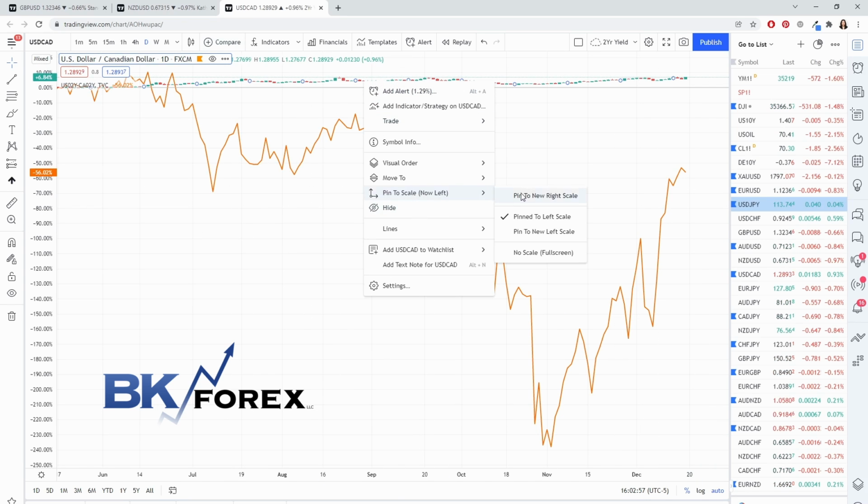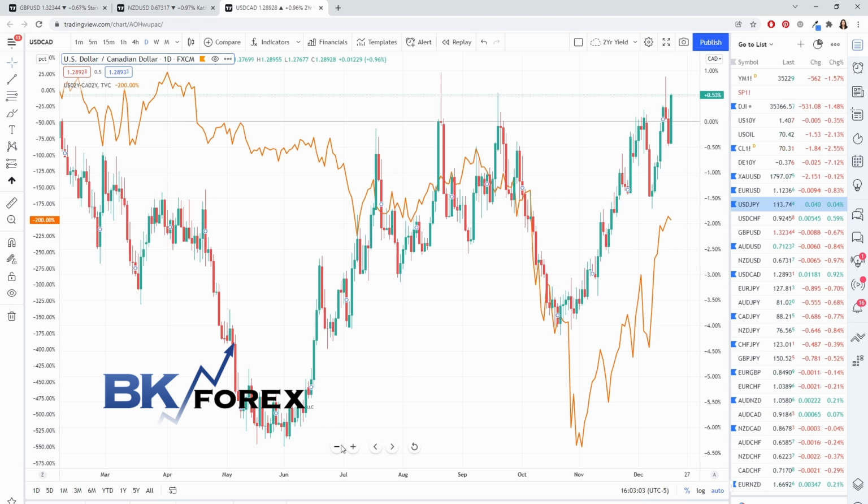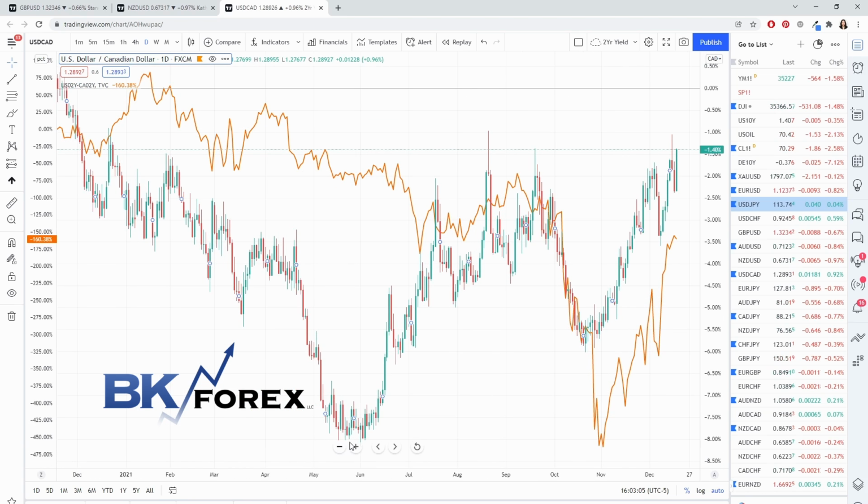We right click on it, pin it to the right scale. And you can see that the dollar CAD and the US Canadian yield spread also works very, very well as a predictor. So here it suggests that the yield spread is starting to tick lower, which may suggest that while we had a very strong move in dollar CAD on Friday, it may hit a wall and the price action may soon exhaust.